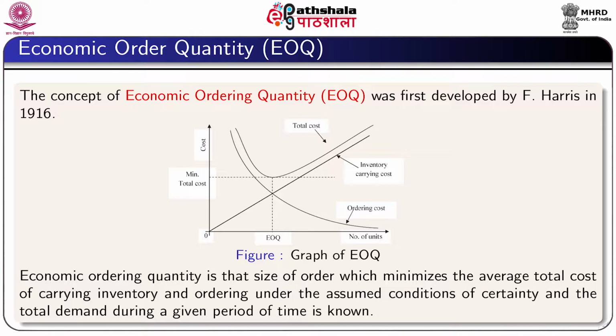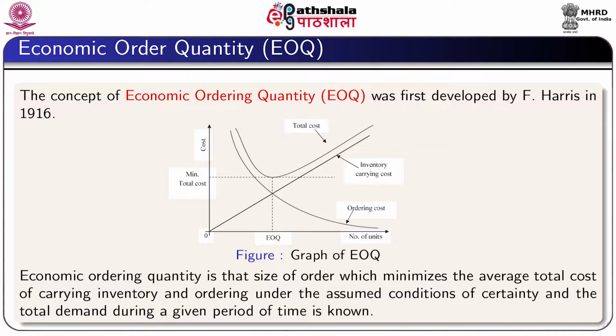From the figure, it is to be noted that as the lot size increases, the holding cost increases, and the ordering cost decreases exponentially. On the other hand, if the lot size decreases, then inventory holding cost decreases, whereas the ordering cost increases.